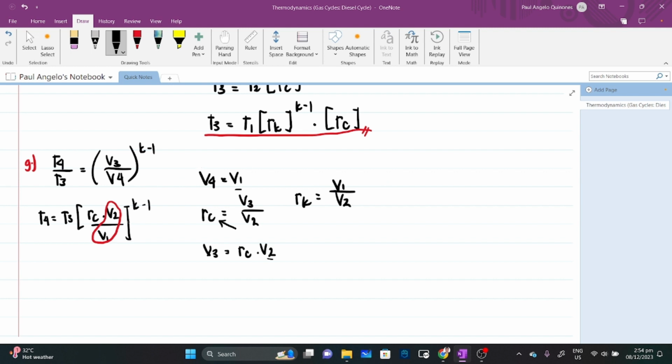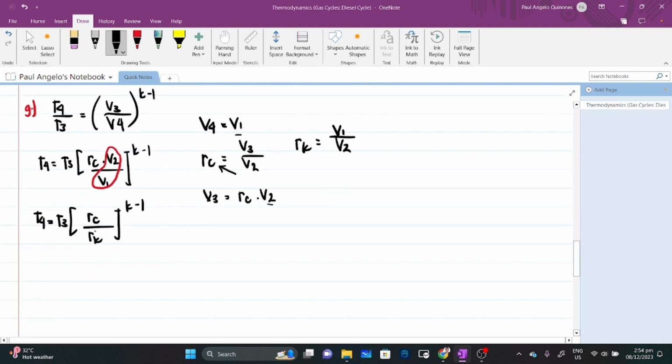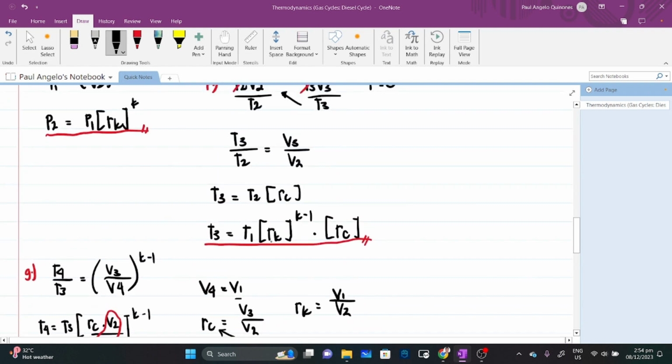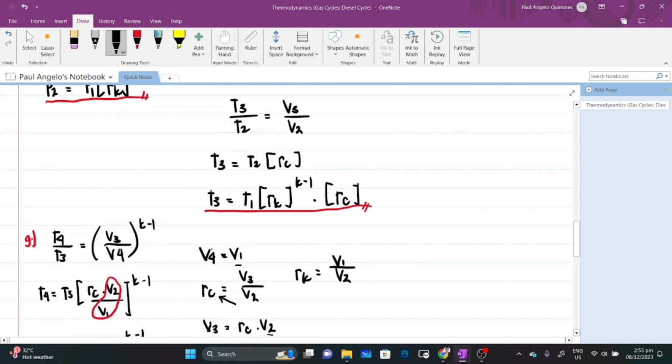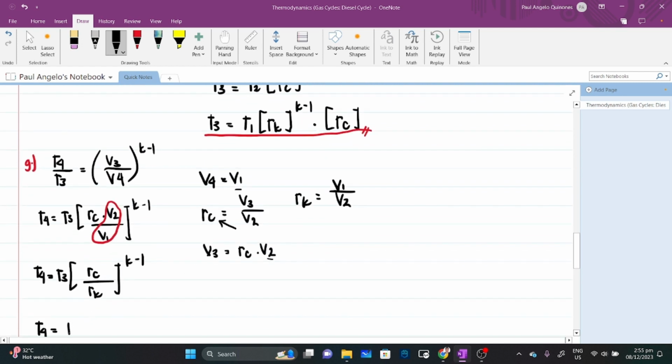So we can rewrite this as T4 is equal to T3 quantity RC over Rk raised to K minus 1. Okay? So we can expand this one further. T3, we've said that this one is T3. So T4 is equal to T3, substitute this one. We have T1 Rk raised to K minus 1 times RC.